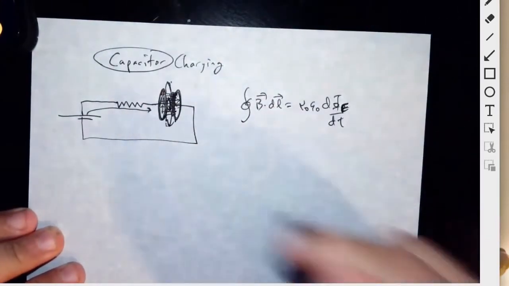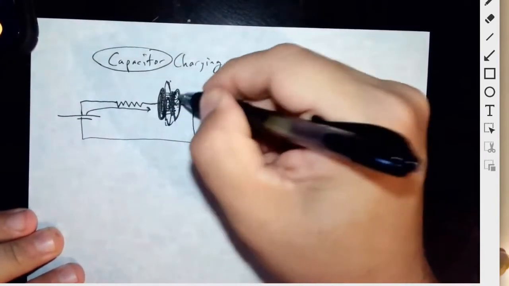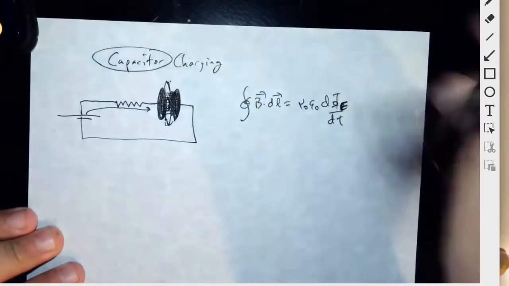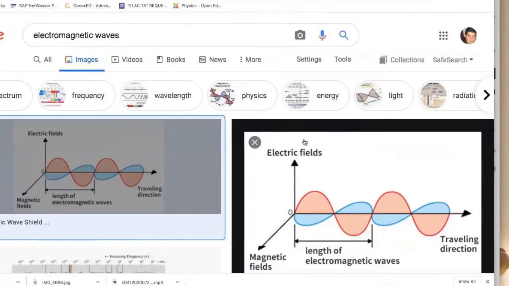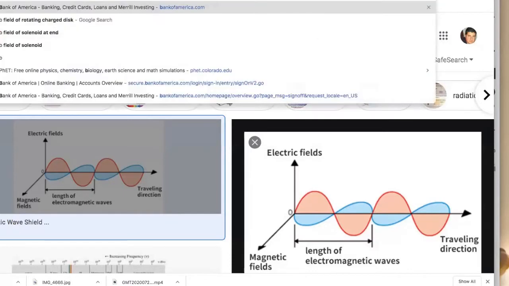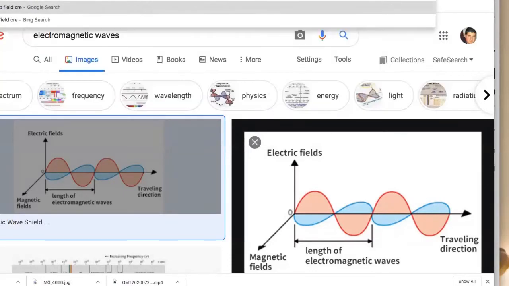You see? So here's the capacitor plates. Let's see if there's good pictures of that. B field created inside capacitor due to changing E field.